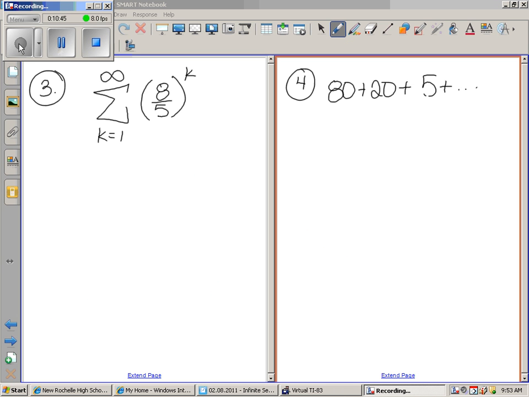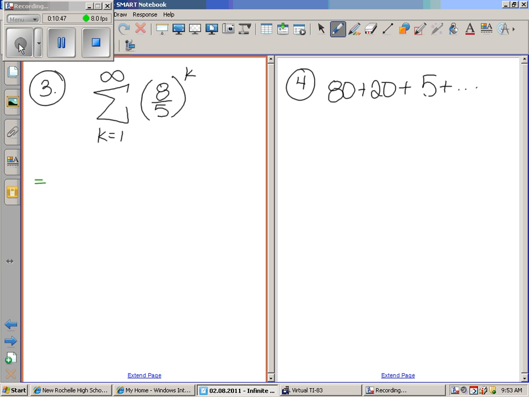Well, this one looks pretty bad. Let's just try and write out a few terms and see if we can't pick out a pattern. 8/5 to the first, 8/5 to the second, 8/5 to the third, all the way off to infinity.